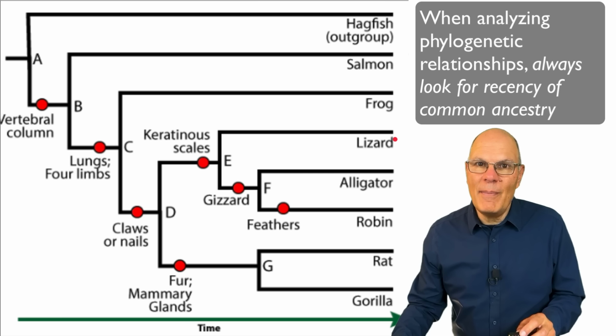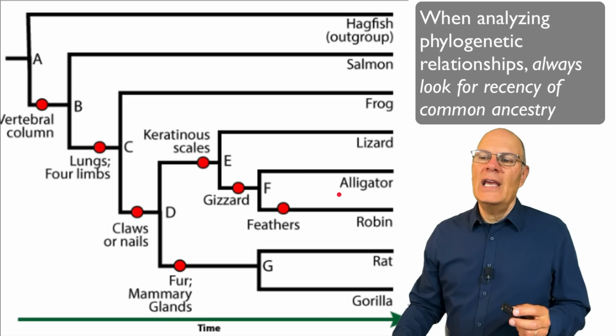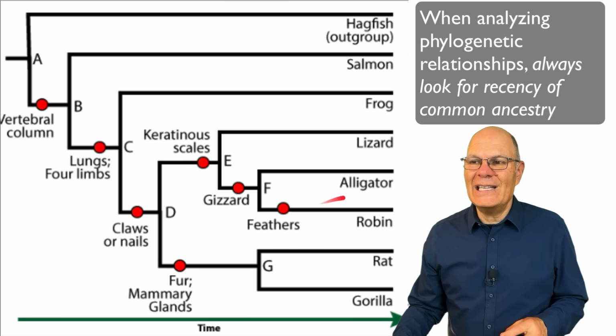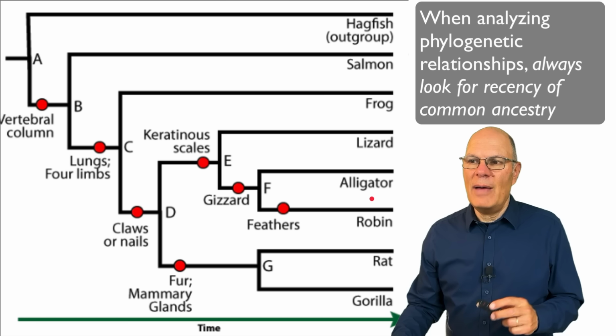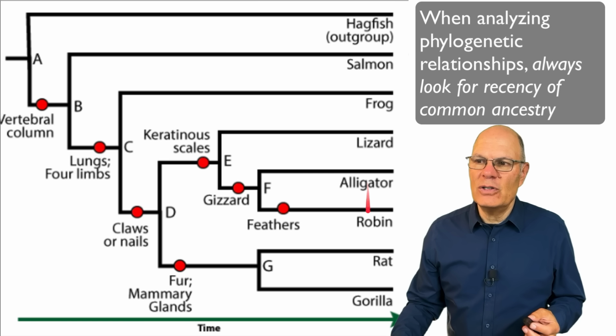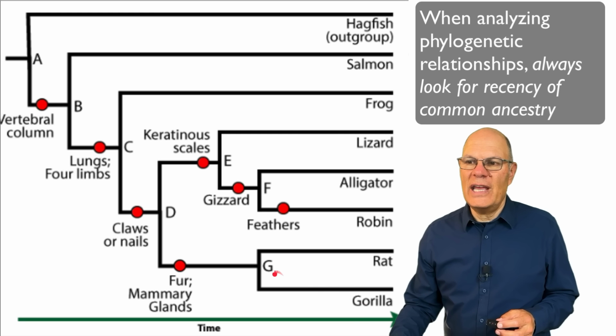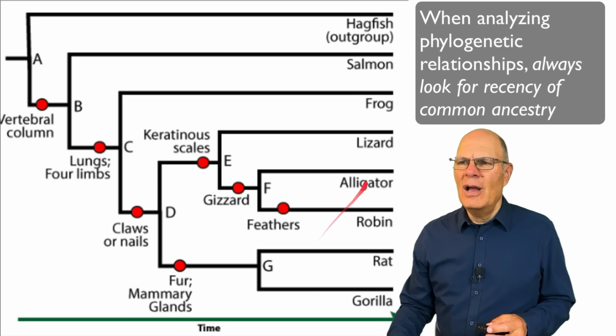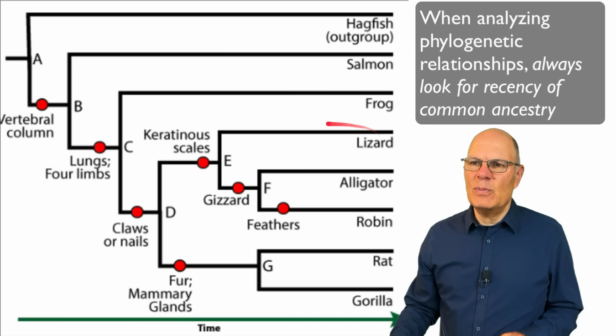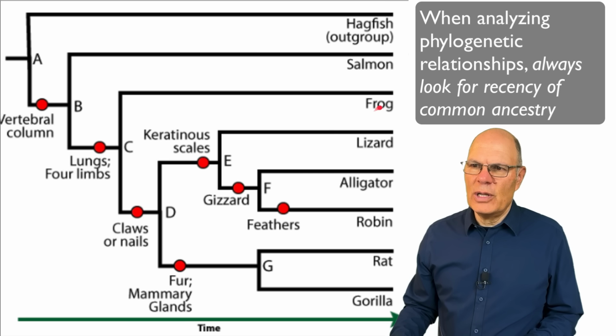The only thing that matters on a phylogenetic tree in terms of evolutionary relatedness is the recency of common ancestry. So alligators and robins have their common ancestor over here. Rats and gorillas have their common ancestor over here. Frogs are right next to lizards, but the common ancestor of the frog and the lizard is all the way back here.